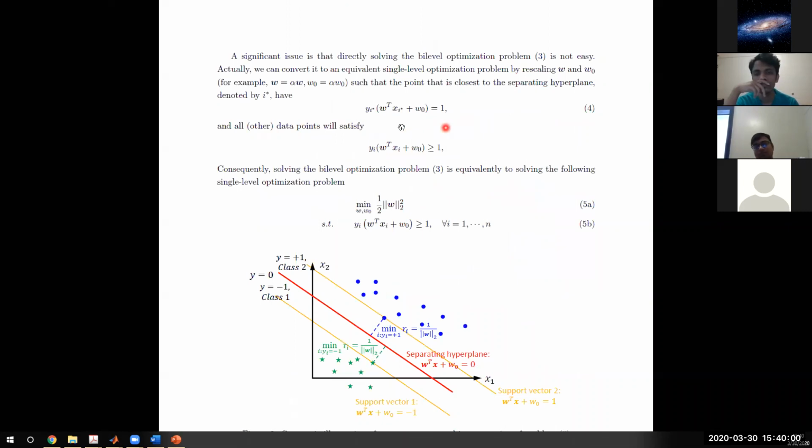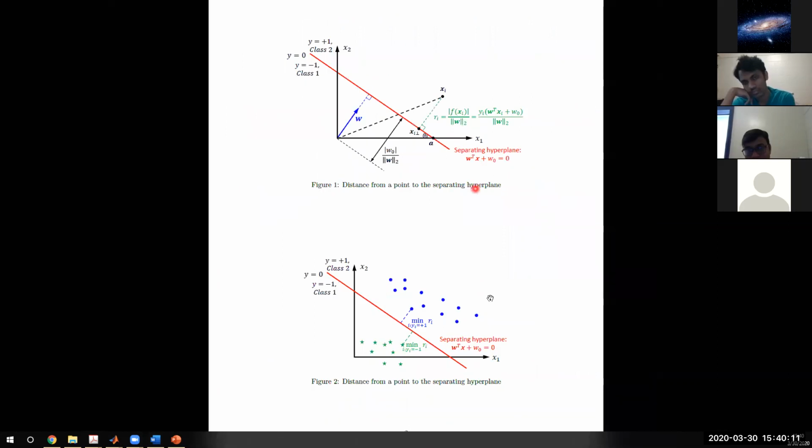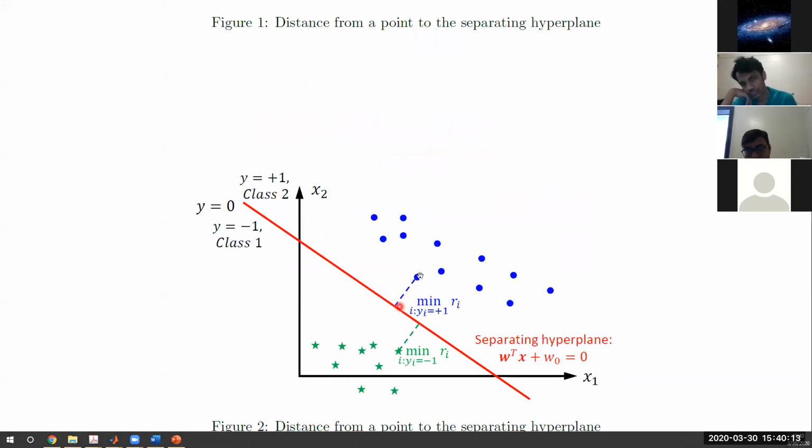So how about all other points, which are not this I star, just some regular points? For the regular points, I must have yi times this greater than or equal to 1. Why? Because this distance is already 1, and how about this distance? Of course it's greater than or equal to 1. This is for the case of y equals positive 1. If y equals negative 1, you are going to have negative 1 times this, which is also negative, so it's still positive.